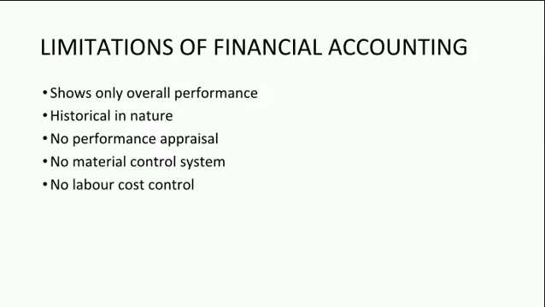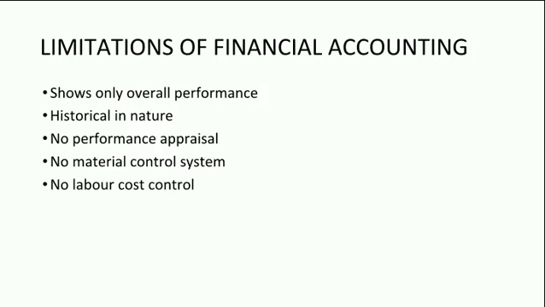The next is that it is historical in nature. We know that we prepare the statements at the end of one year based on the books of accounts which are maintained and recorded, and from these we put it in a summary form, and then an analysis is carried out, and only then are we able to identify the deviations.